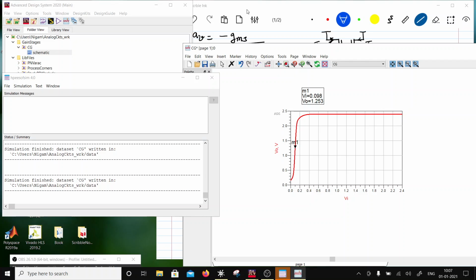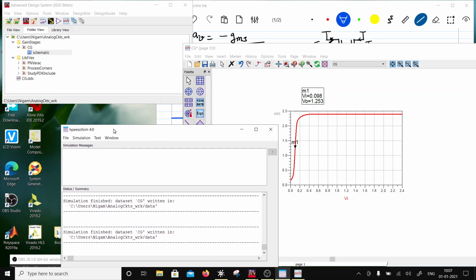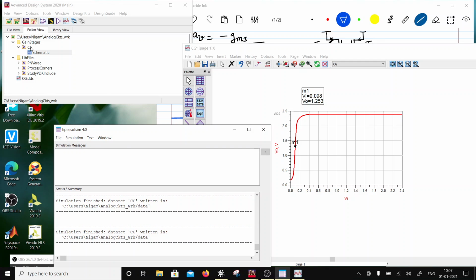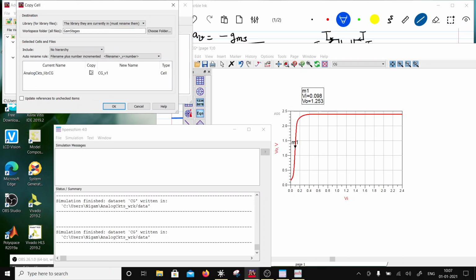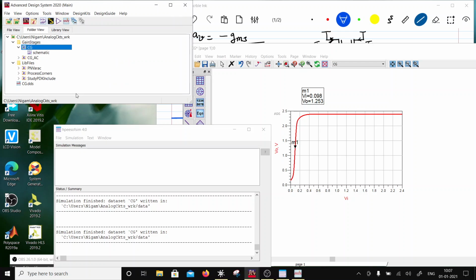Now let's see what happened to the AC. So what I can do is I can just say copy cell, and here I can save it as AC. Okay, so I have that over here. Let me close these.